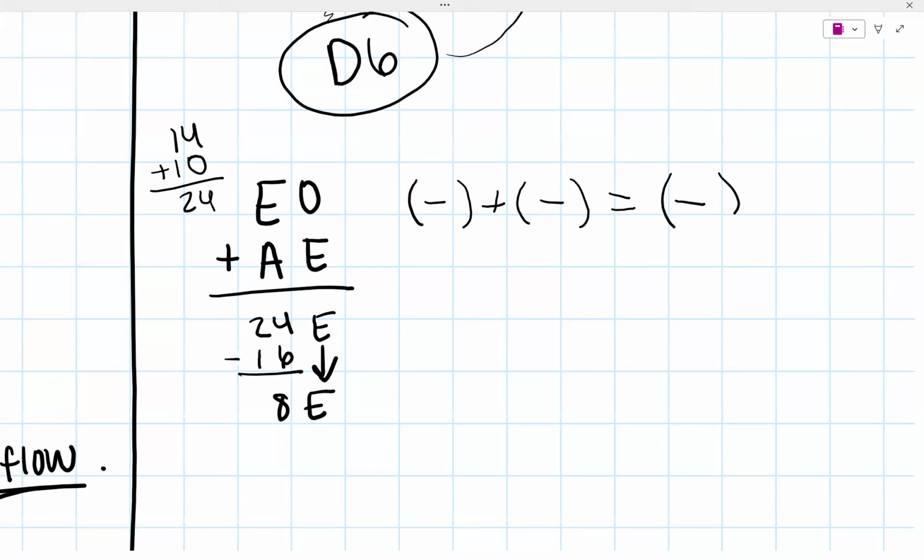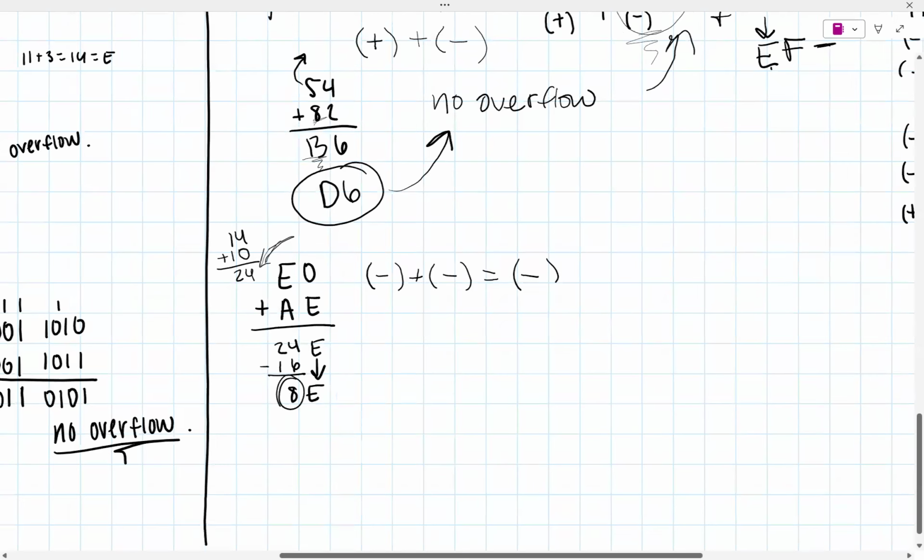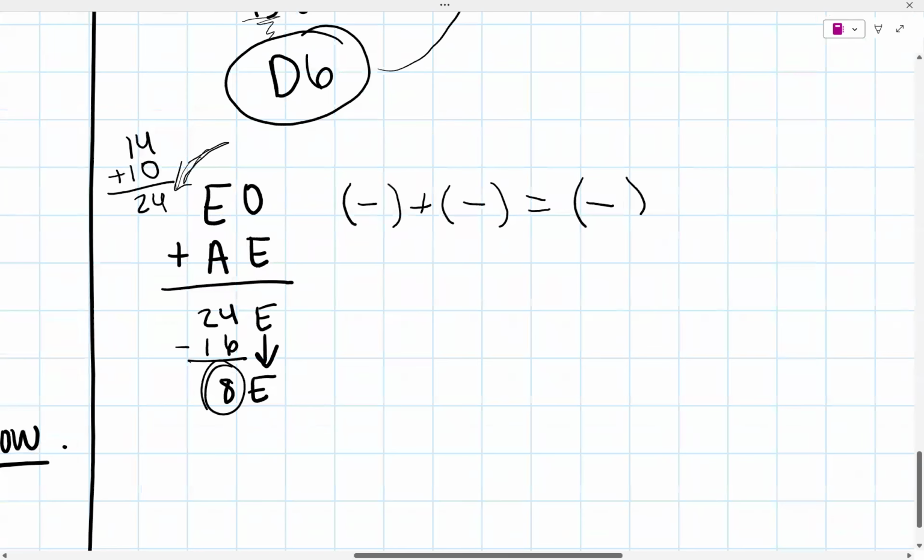So even though we have leftover bits that we should have on this side, we still got a negative, right? Because 8 falls into that negative range I was talking about over here. So even though we have extra bits over here that we should bring over, there is no overflow because we still get a negative.